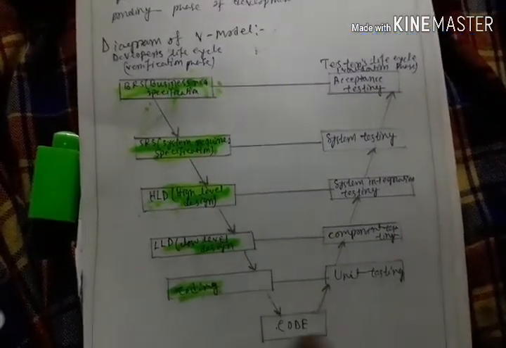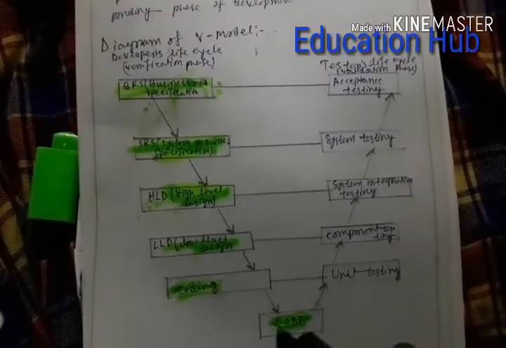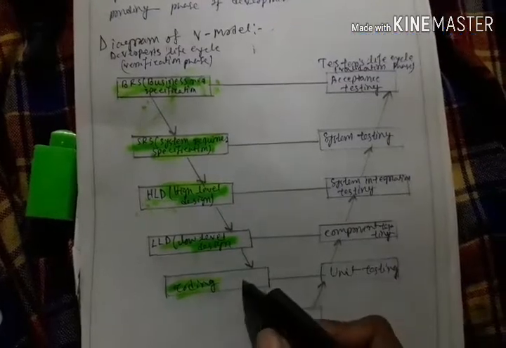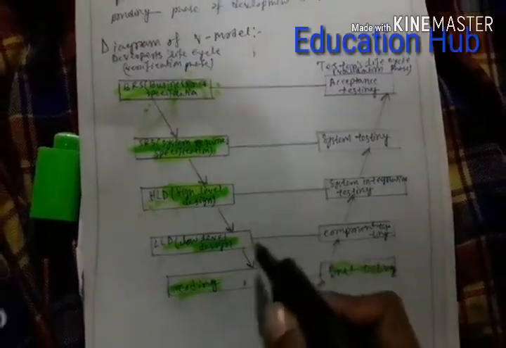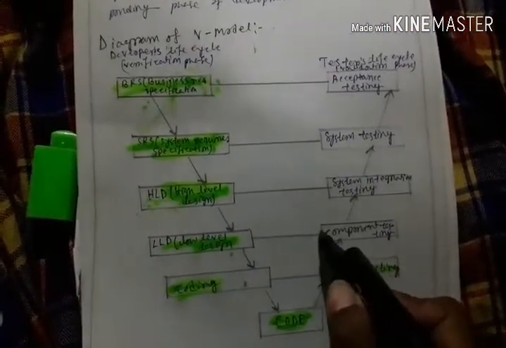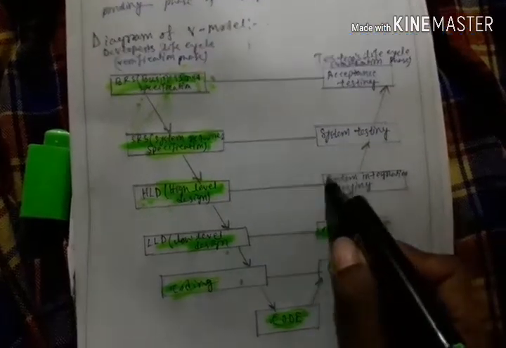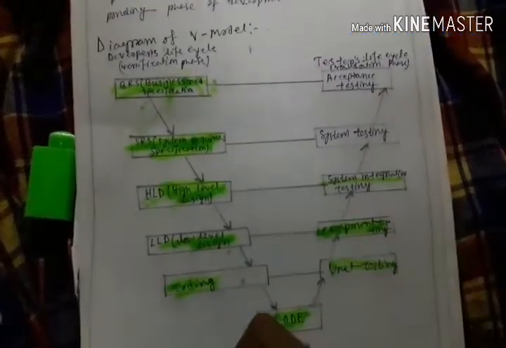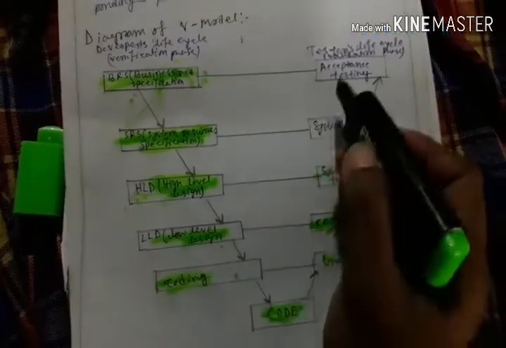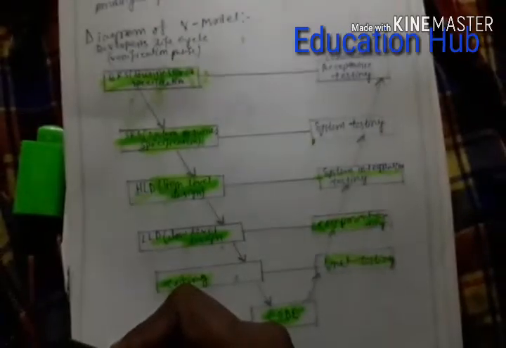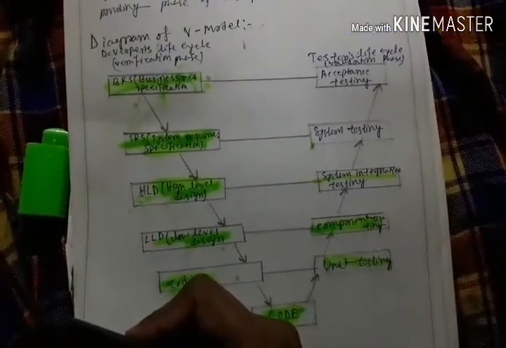Now after this coding, the code is totally generated. This is the midpoint. After that, when the coding is going on, there is the unit testing. When the design is done, that is the component testing. Next, system testing, system and integration testing. Then overall system testing, and then the acceptance testing.